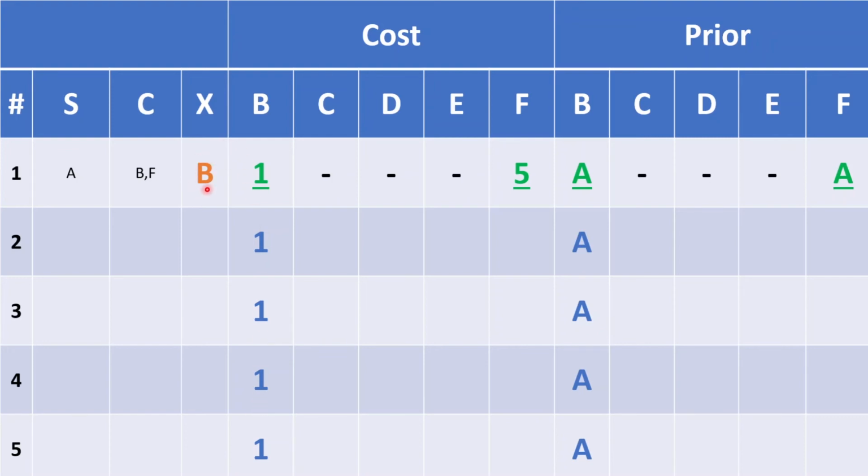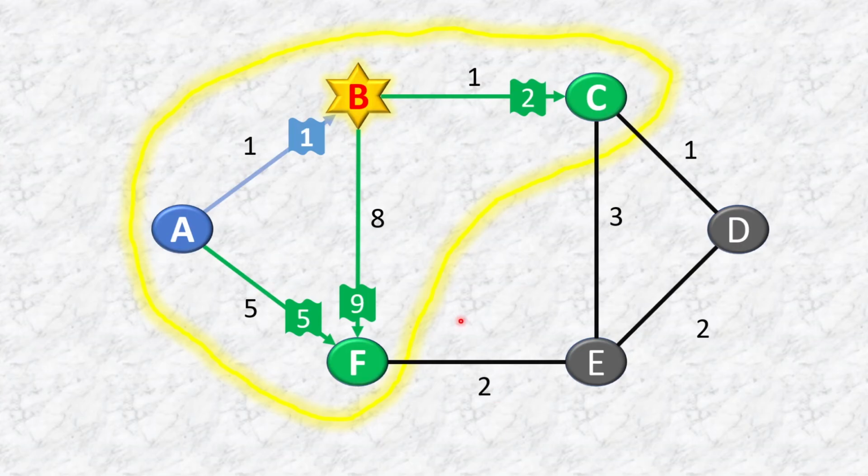Given that we've just added B, the next step is to consider the neighbors of B. And looking back at our earlier picture, the neighbors of B were A, F, and C. A is already in that set S. When we go back to the table just now, you can see that A is there.